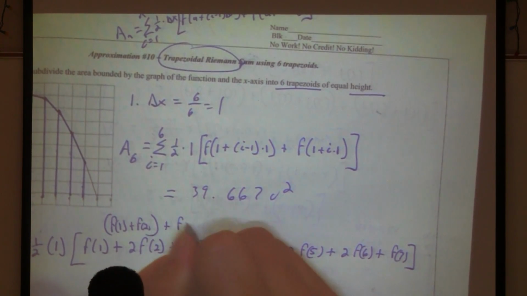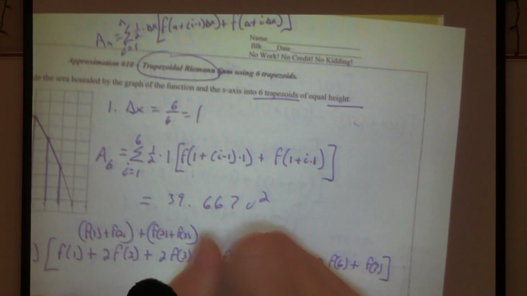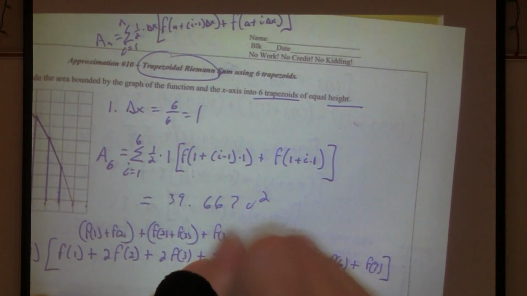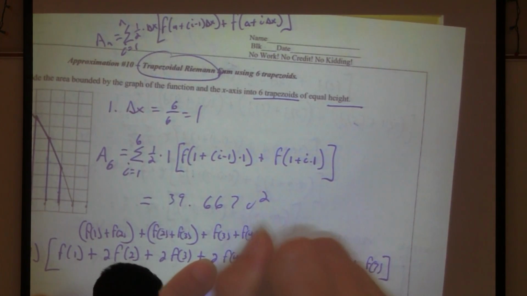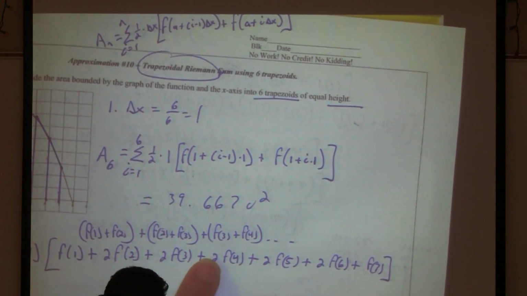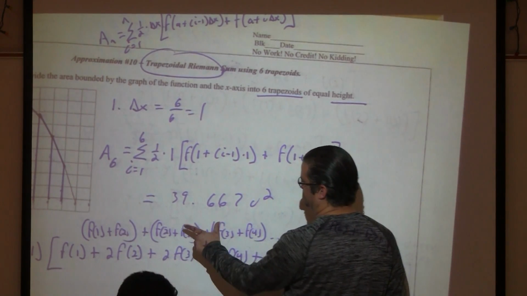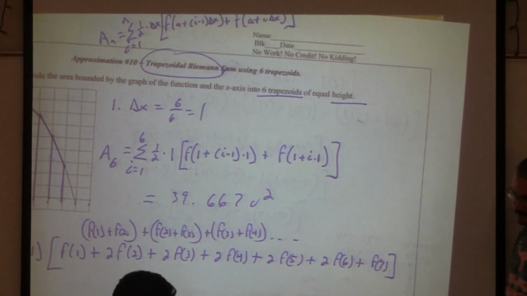Plus f of 2 plus f of 3, plus f of 3 plus f of 4, so on and so forth. Understand? That's why we're getting 2f of 2, 2f of 3, so on and so forth.